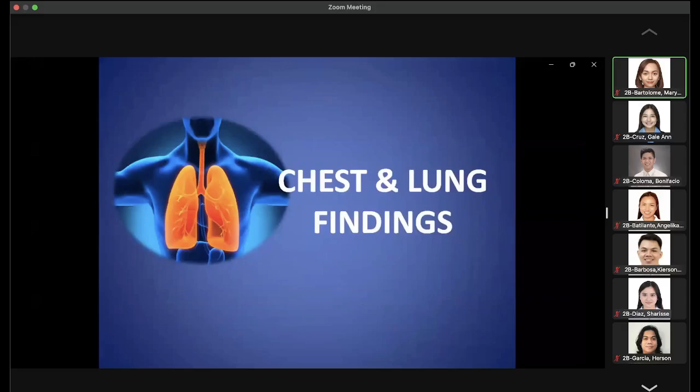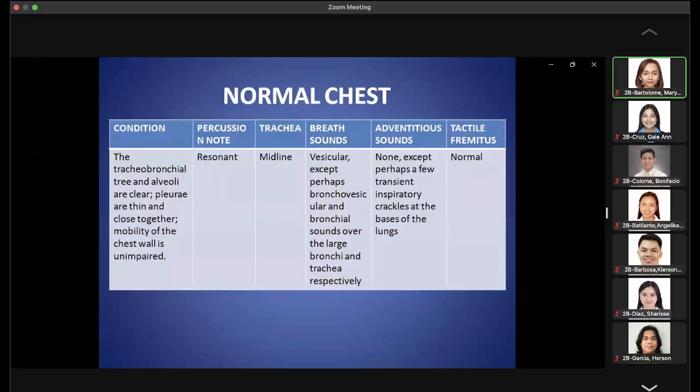Here are the following chest and lung findings for the different diseases that we commonly encounter. For the normal chest, the tracheobronchial tree and alveoli are clear, pleura are thin and close together, and there is mobility of the chest wall. Percussion is resonant, trachea is at the midline, vesicular breath sounds, no adventitious sounds, and normal tactile fremitus.